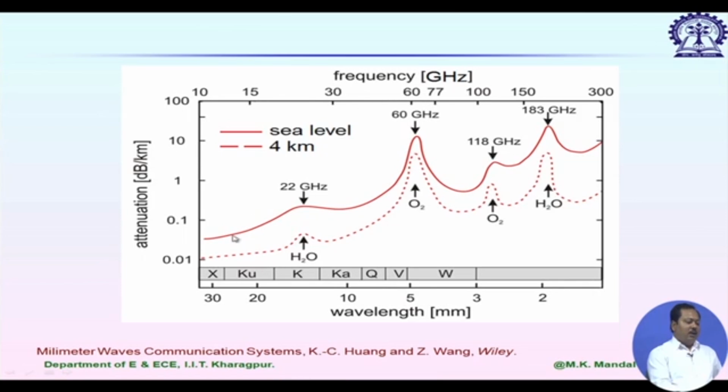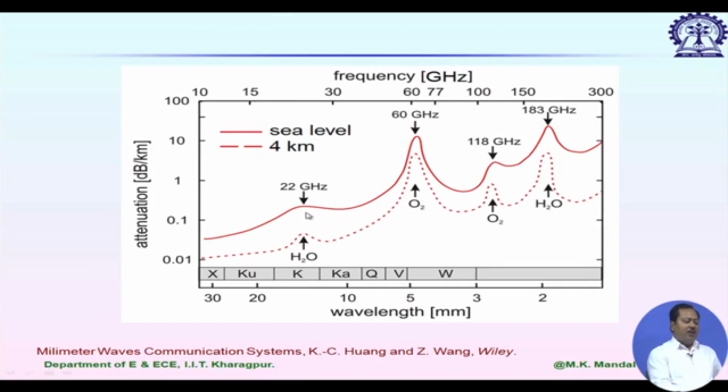Now, if I follow this curve, we have two plots, one for attenuation at sea level, and the second one where the attenuation has been measured at a height of 4 kilometers from sea level. At sea level attenuation is higher, and we see that if frequency increases, attenuation also increases, and not only that, we have some attenuation peaks. These are due to resonance frequencies of different types of gases.